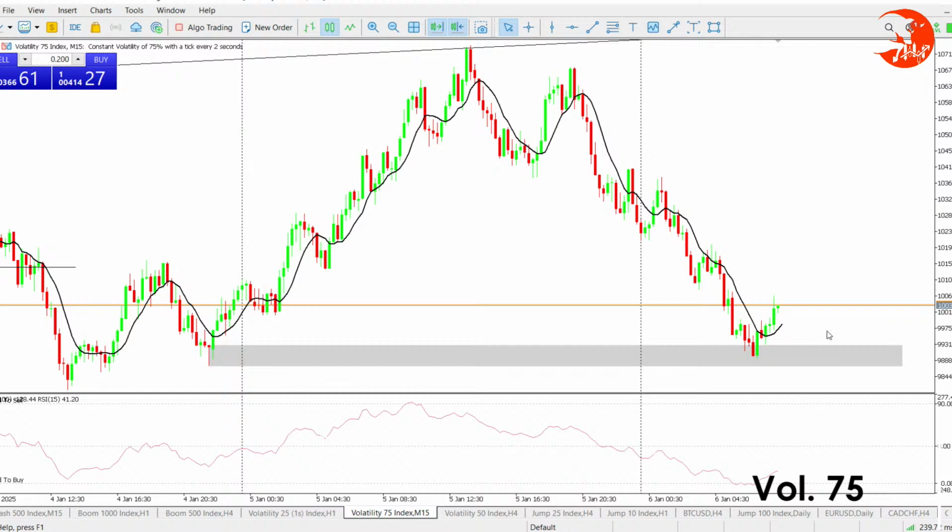So M15 is already oversold, but there's a possibility of this coming back, testing that according to H1, then coming in later with the buy.